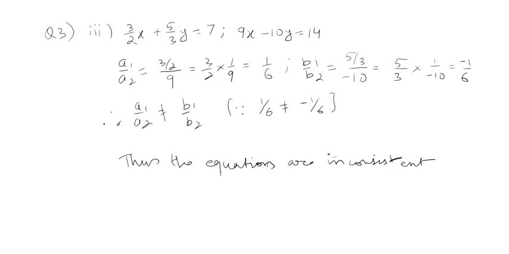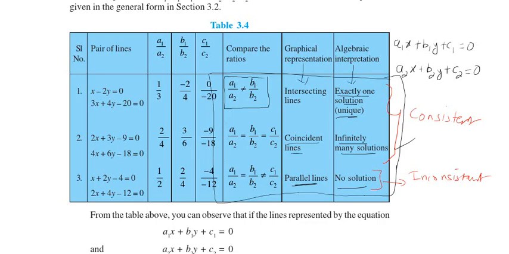Okay, so in today's chapter we have learned a few things. The first thing is that a linear equation in two variables has infinitely many solutions if it is a single equation. But if a pair of linear equations is given, then three cases may be there.